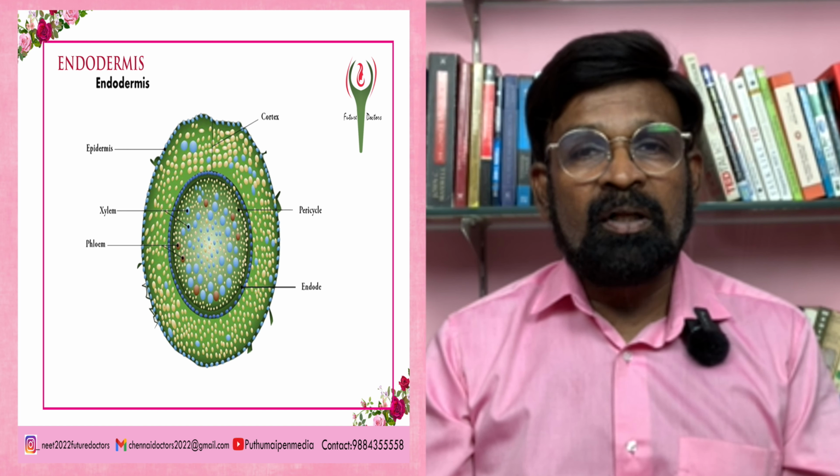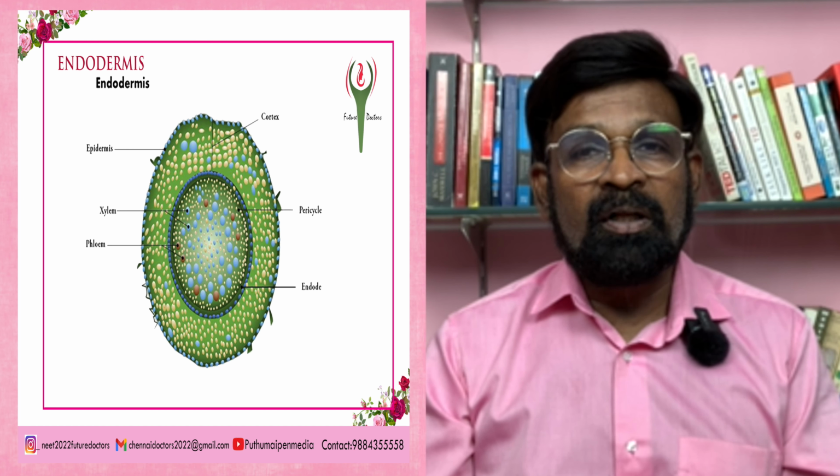The phloem and xylem bundles are separated from each other by one or more layers of small thin-walled cells called conjunctive tissue. Later, it becomes meristematic and forms vascular cambium.